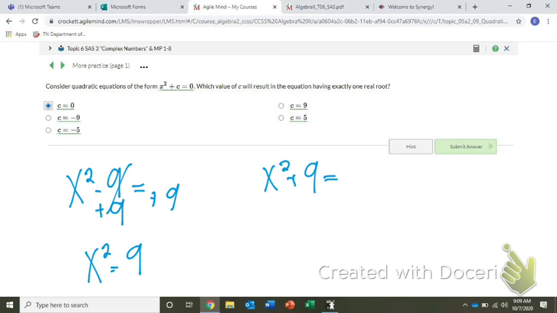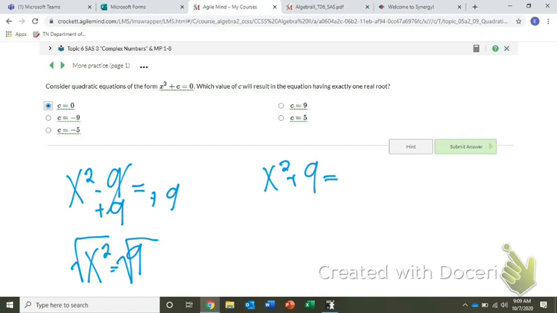Can I take the square root of 9? Remember, when you take the square root, you have a positive and a negative component. Two positives make a what? There's positive. And two negatives also make a positive. So that's why that one has 2.